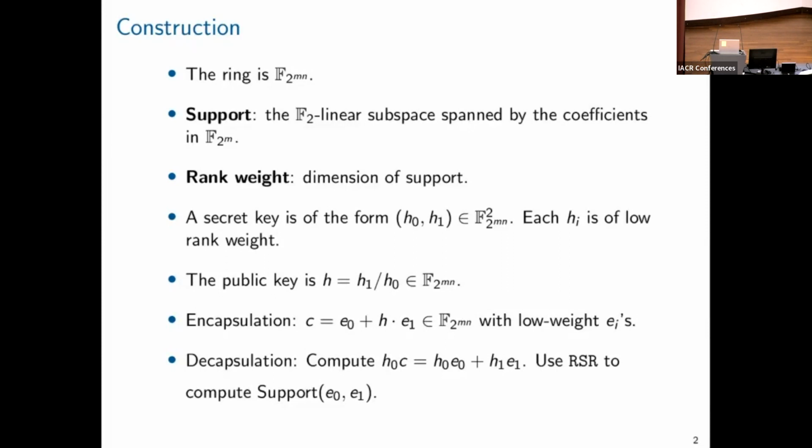For decapsulation, you first multiply the ciphertext by H0 to form H0E0 plus H1E1, and then, making use of the fact that all four elements are low rank weight elements, you can use the RSR algorithm to compute the support of E0 and E1. This support will be considered as the session key.